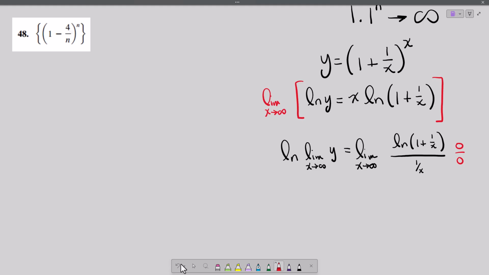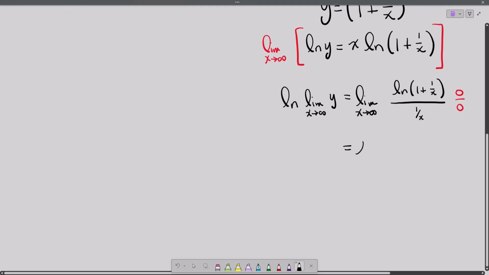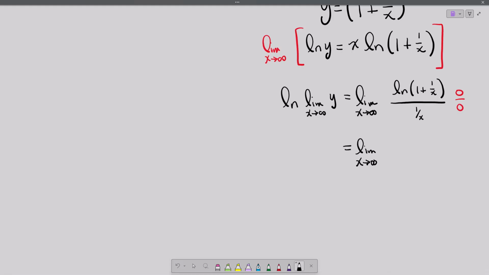So now we can invoke L'Hopital's rule. L'Hopital's rule says, take the derivative of the top, take the derivative of the bottom. So separate derivatives, not a quotient rule. And the concept is that if you have a quotient of two functions, that should approach the same number as the quotient of the best approximations.